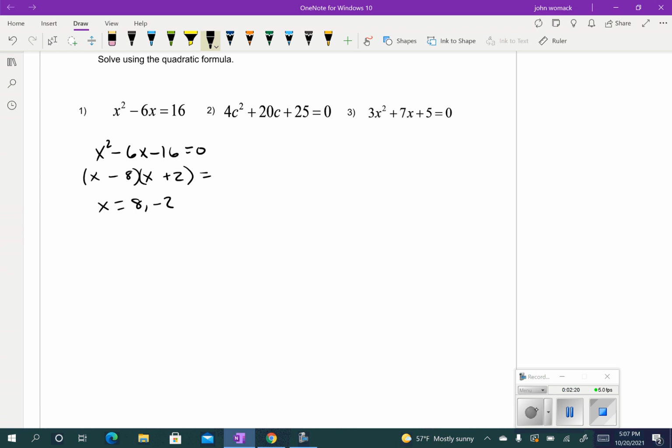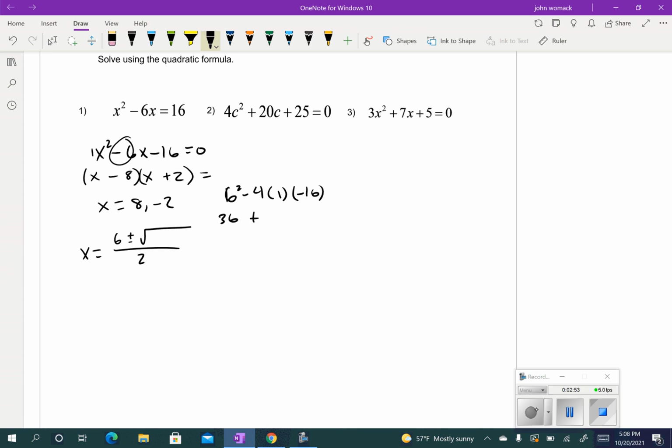If I use the quadratic formula, I would go x equals negative b. b is a negative 6, so positive 6 plus or minus square root of something all over 2 times a. a is 1. Let's figure out what goes inside of there. That's the b squared, so 6 squared minus 4 times a times c. So that's 36. Minus 4 times 1 is a minus 4 times a negative 16 is a plus.